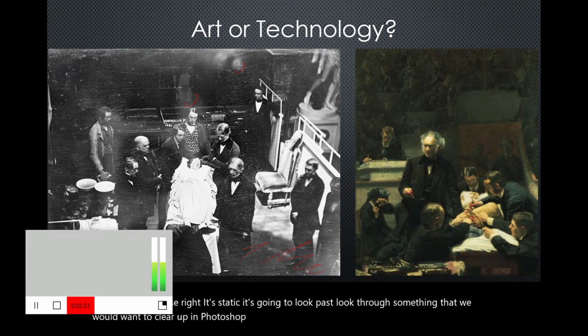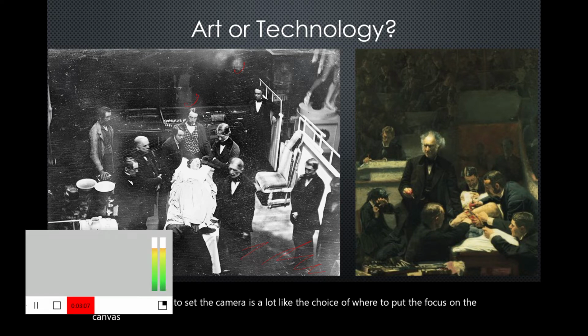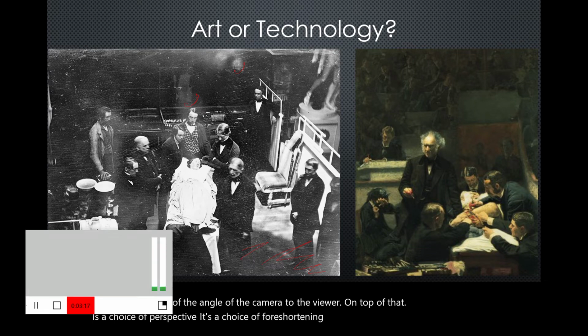So that's what I'm talking about with an artist's hands, an artist's eyes, an artist's mind. The choice of where to set the camera is a lot like the choice of where to put the focus on the canvas. The choice of the angle of the camera to the viewer on top of that is a choice of perspective. It's a choice of foreshortening and illusionistic space.